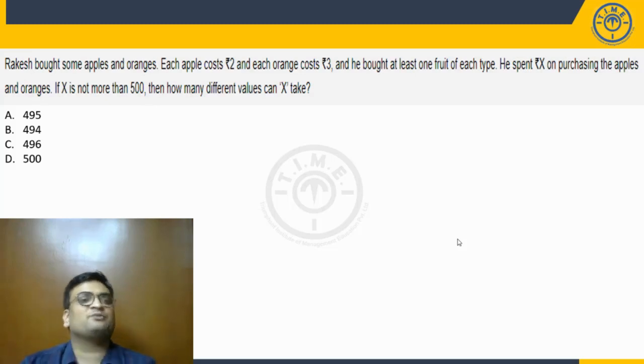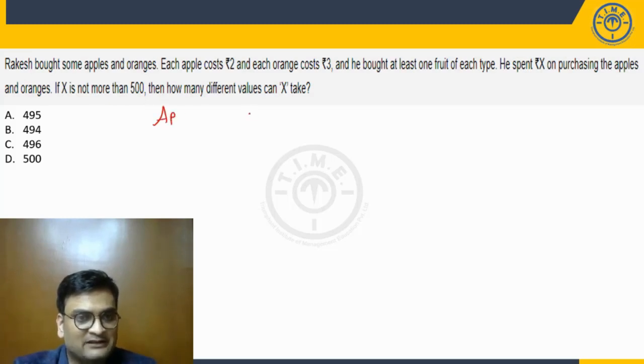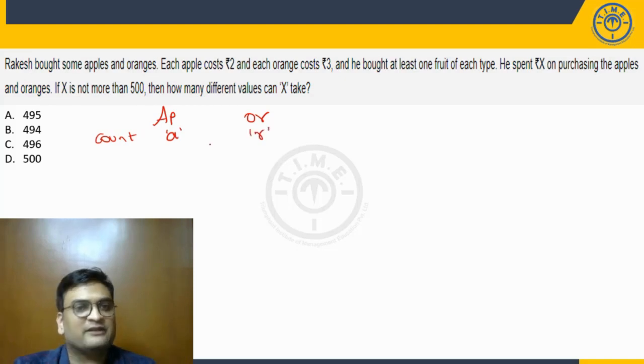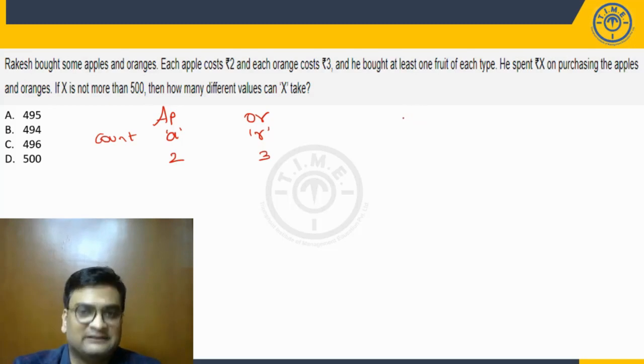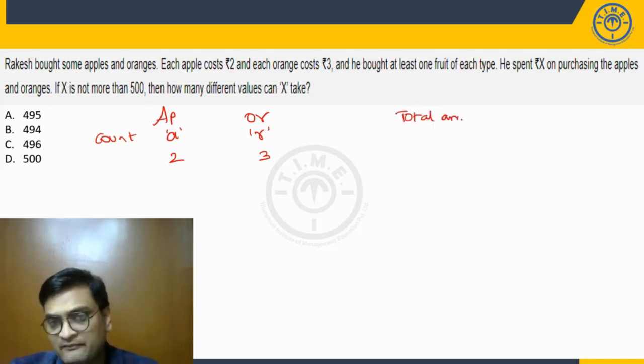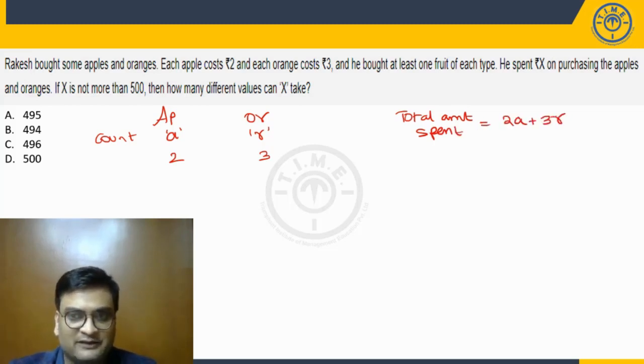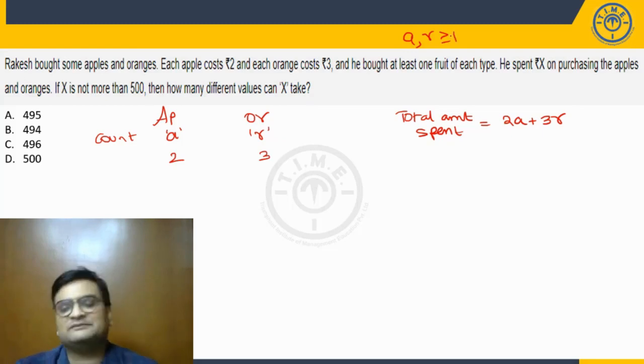The question says Rakesh bought some apples and oranges. Let's say the number of apples is A and the number of oranges is R. Each apple costs 2 rupees, each orange costs 3 rupees. So the total amount spent by Rakesh is 2 into A plus 3 into R. And he bought at least one fruit of each type, so A, R is greater than or equal to 1.